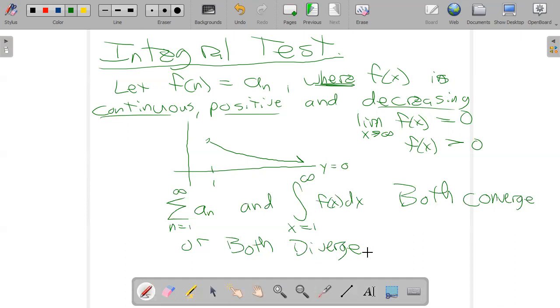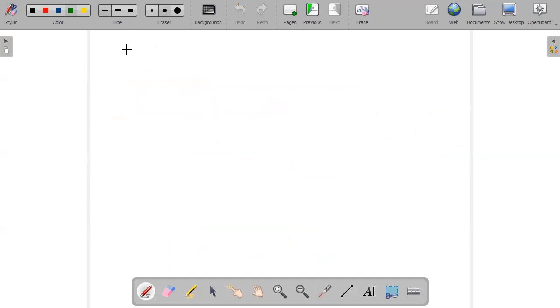We already did this for the sum of 1 over n. I used the integral of 1 over x to show that the sum had to diverge. So just back to that idea, consider the sum as n goes from 1 to infinity of 1 over n. Now that's really a limit of partial sums, remember.